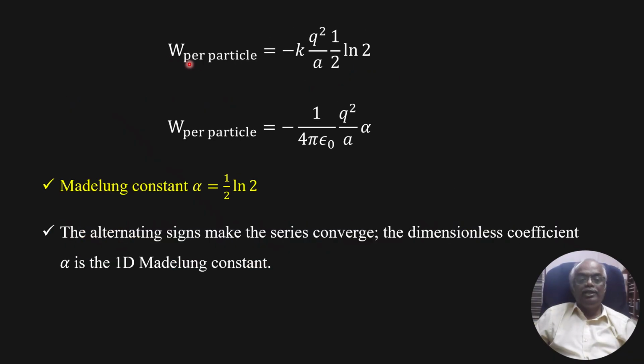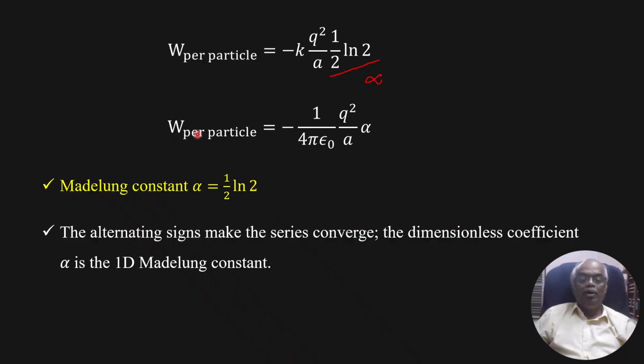So now we have this relation: work done per particle is equal to minus kq squared over a times half the natural logarithm of 2. This half natural logarithm of 2 can be written as alpha, where alpha is the Madelung constant. Alpha is equal to half natural logarithm of 2.